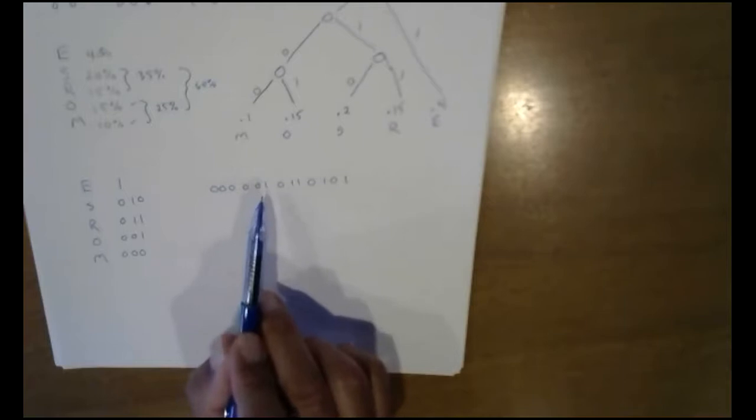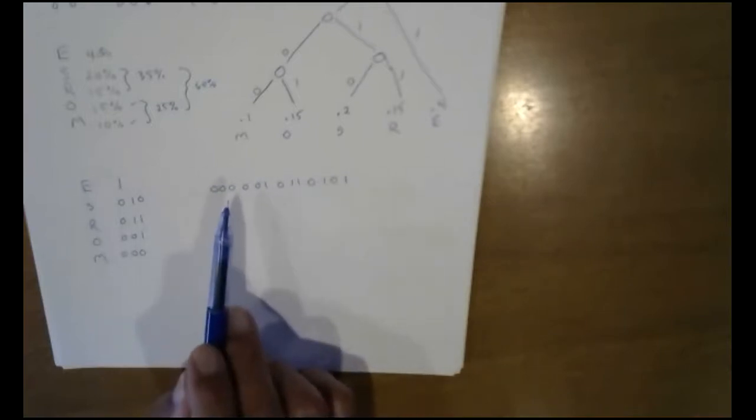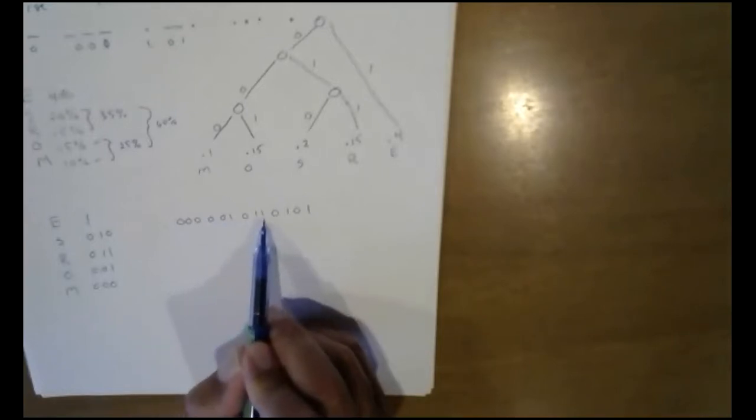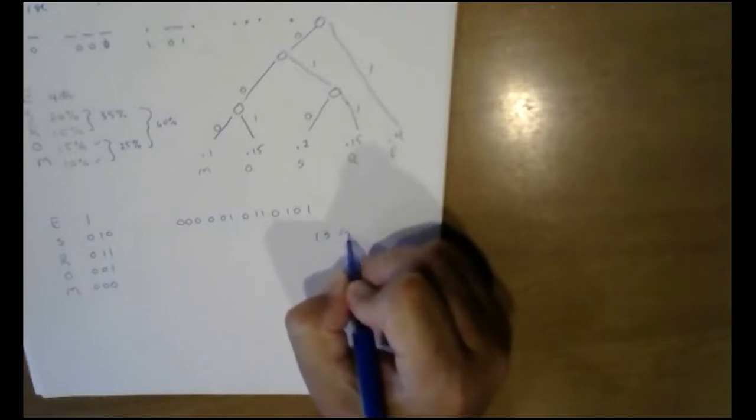I want to code it without the spaces, but I also want it to be immediately decodable. So let's start with our first thing, expected length. 1, 2, 3, 4, 5, 6, 7, 8, 9, 10, 11, 12, 13 divided by 5, 2.6. Is that better than our 3.1? Of course. Yep, it's better than the 3.1.